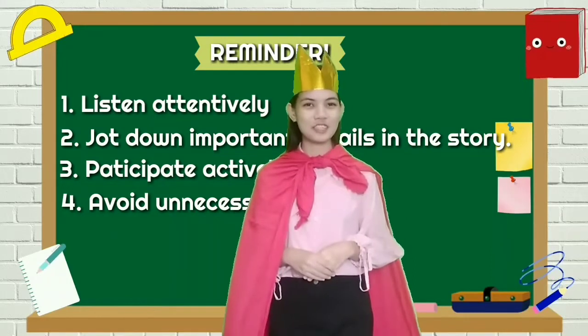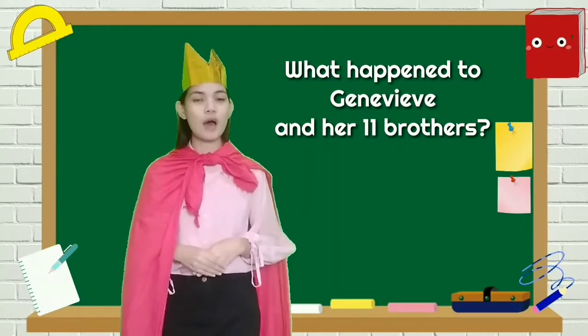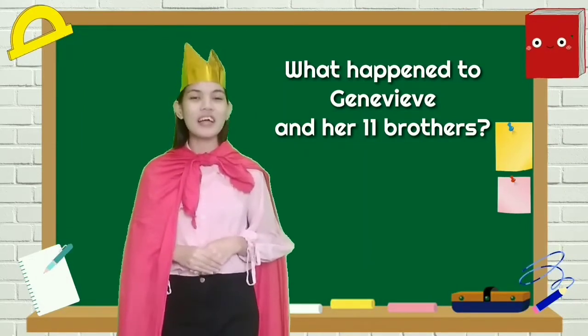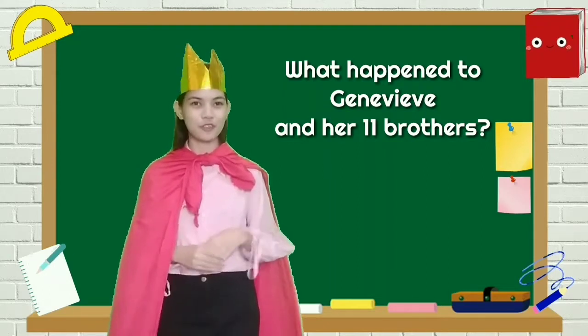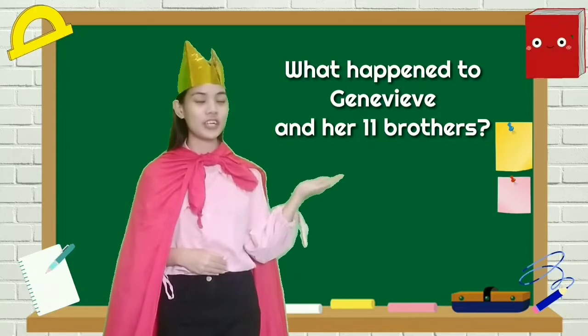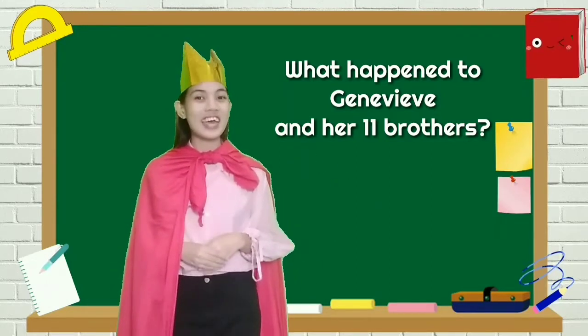Very good, class. Now, a while ago, you raised a question about what you want to find out in the story. Now, let us read it all together. What happened to Genevieve and her 11 brothers? Since this is what you want to find out, it's story time!